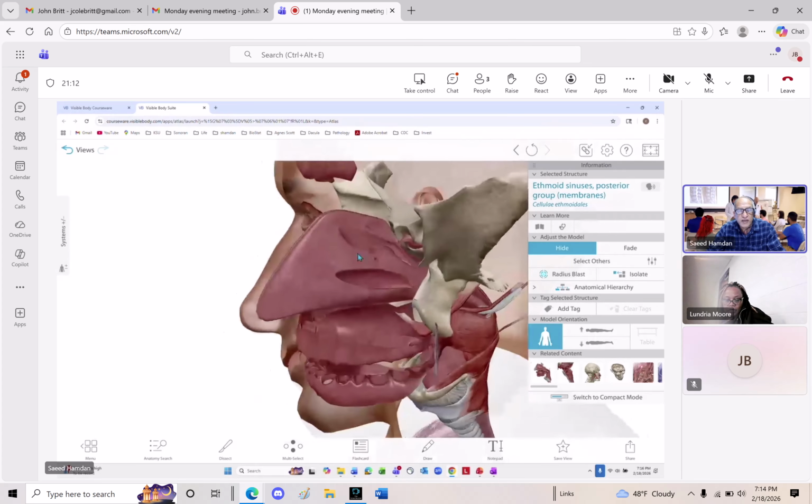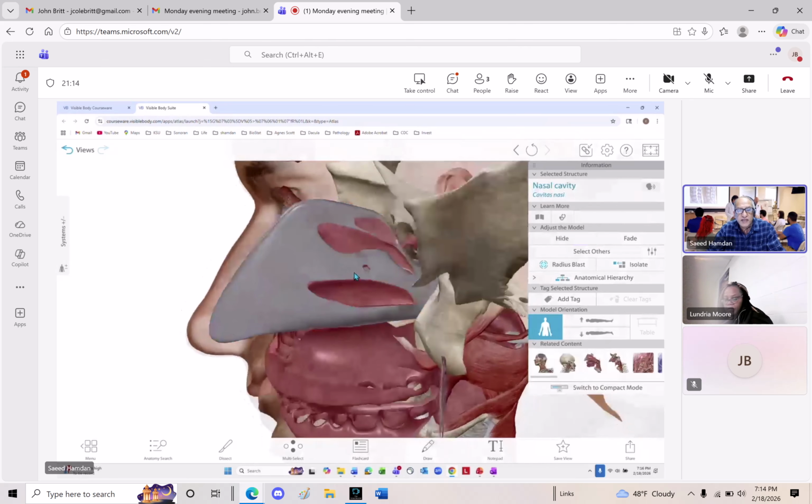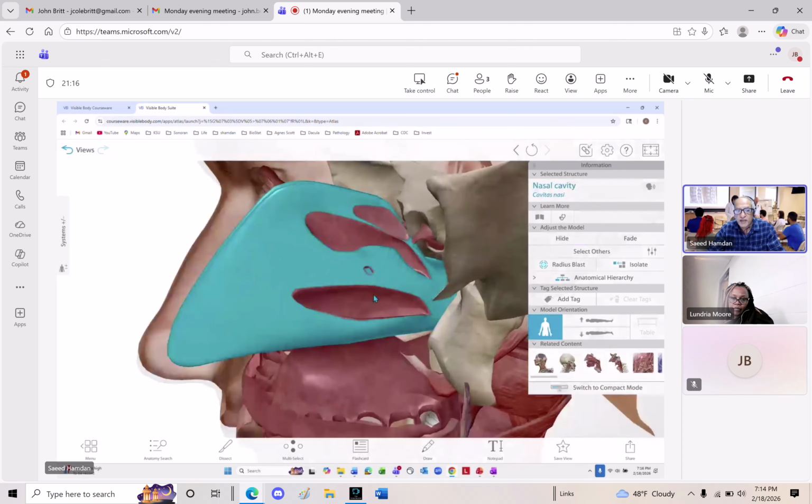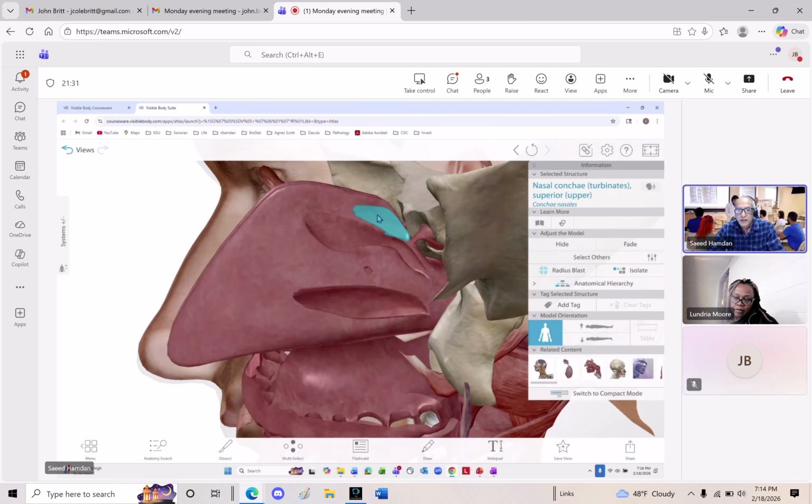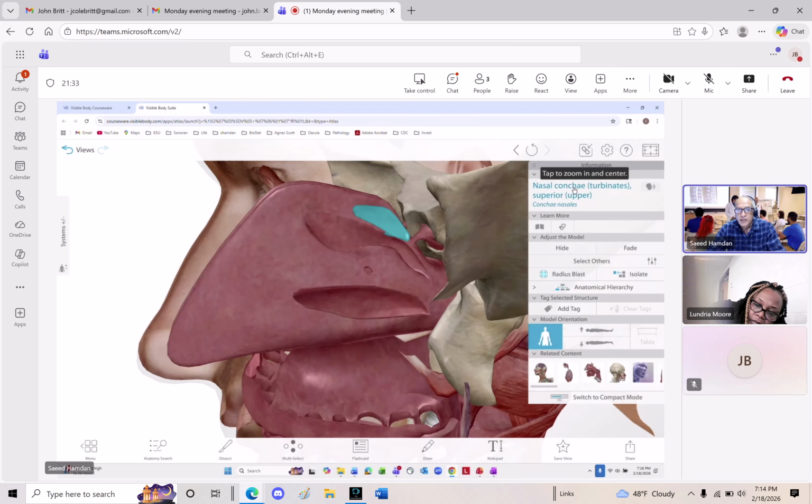Now, when you're looking at the nasal cavity, see, this is the nasal cavity. Now you look at the shelves that you have, which we call conchae. So you have three. You have superior nasal concha. They call it the turbinates here. This is the middle, and this here is the inferior.